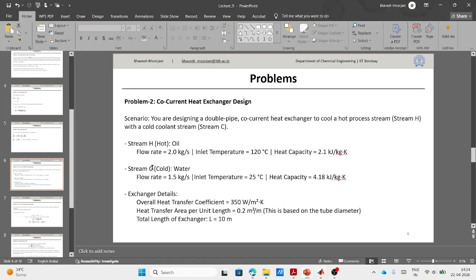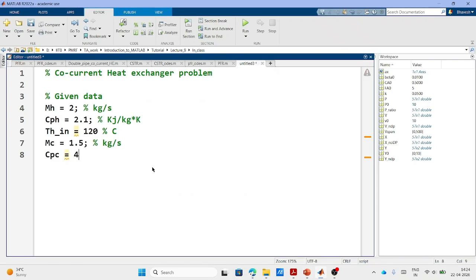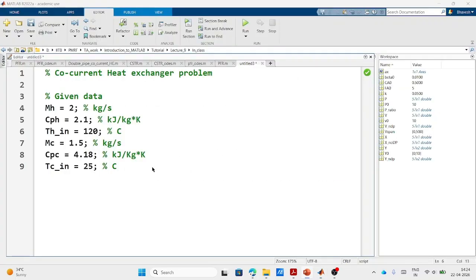Cp of cold fluid given as 4.18 kilojoule per kg Kelvin. Tcn is given as 25. Right?